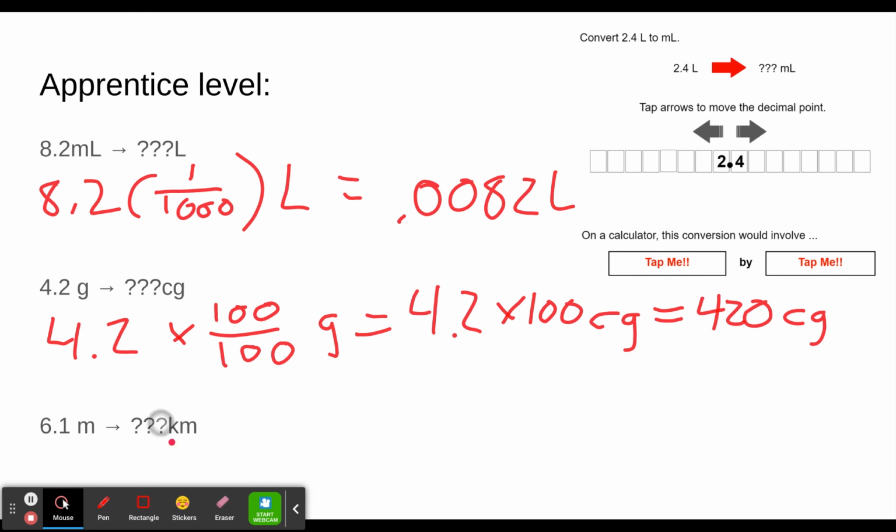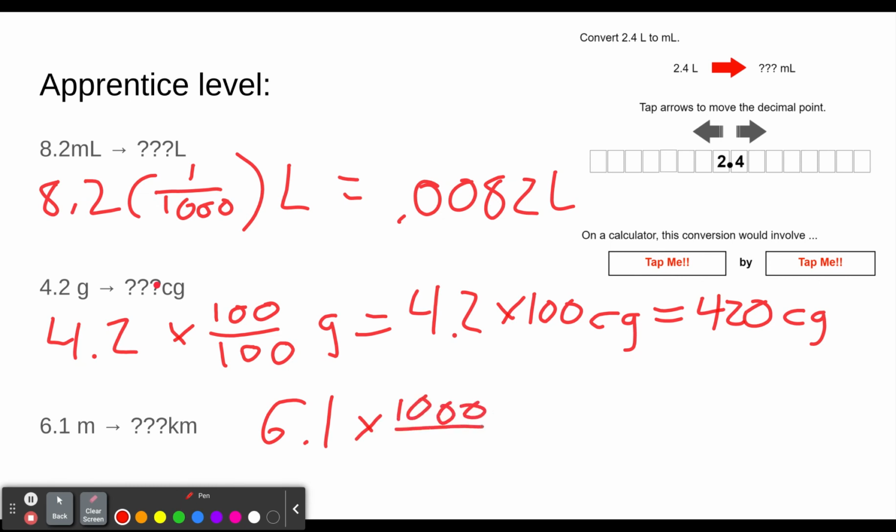All right, and I wanted to do one with a thing that wasn't a fraction here because this was 1/1000th, this was 1/100th. So let's do one that's just 100. So we do 6.1, and then we know we need a kilo, and a kilo is 1,000. So because we can't change the number, we have to also divide by 1,000 meters.